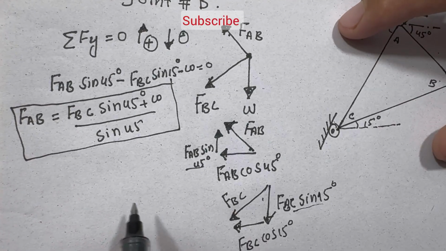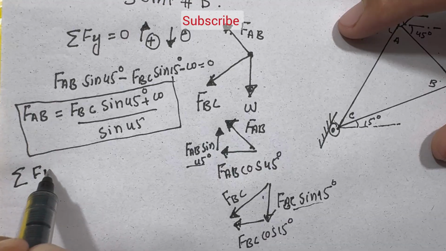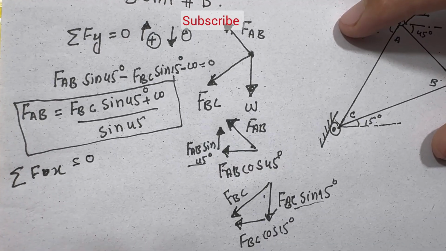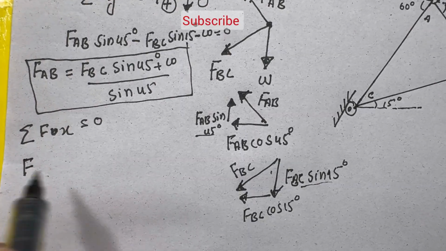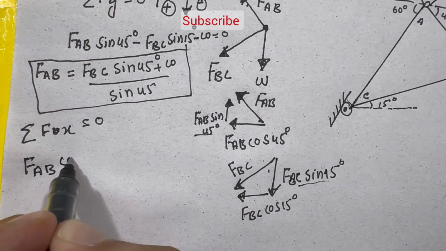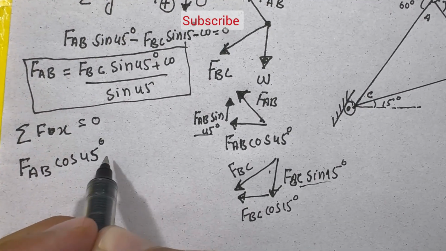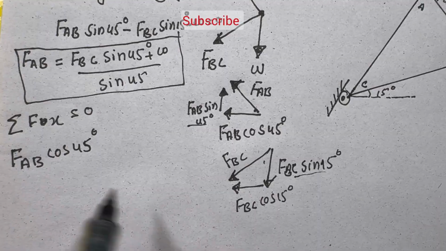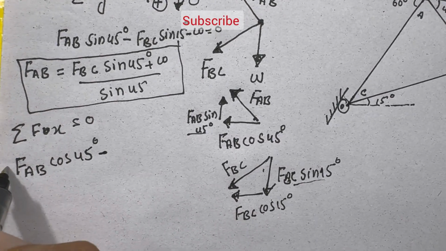This is equation 1. Now the summation of all horizontal forces, Fx, equal to 0. So FAB cos 45 degrees and FBC cos 15 degrees, which is negative.